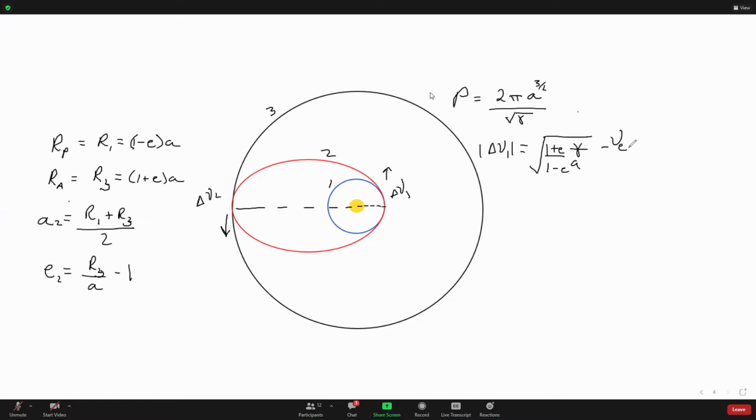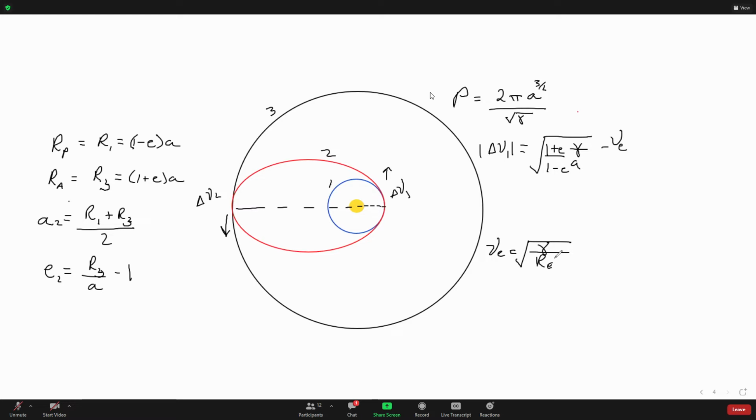So you have to figure out what the velocity of Earth is in its orbit. But that's easy. Assume it's a circular orbit. V Earth is just equal to the square root of gamma over the radius of Earth's orbit. So now you've got delta V1.